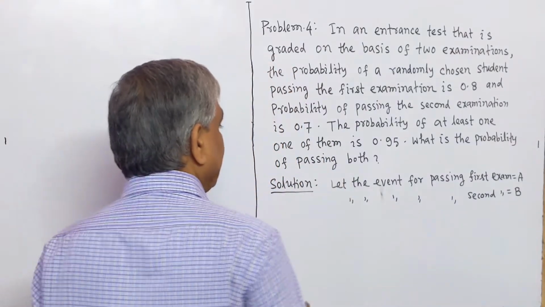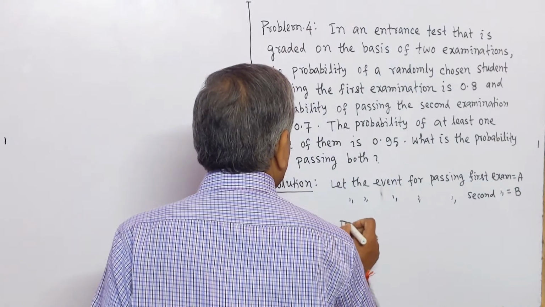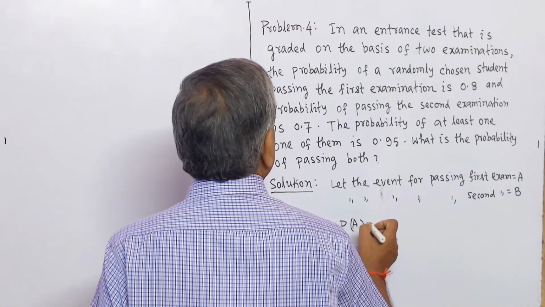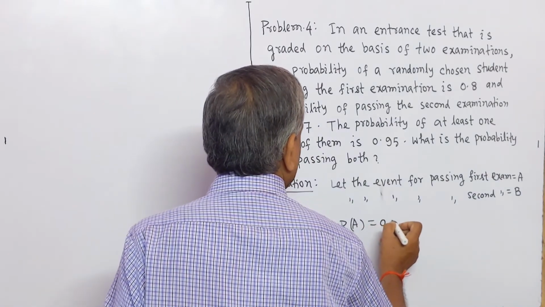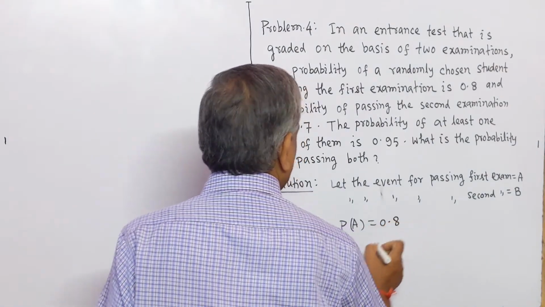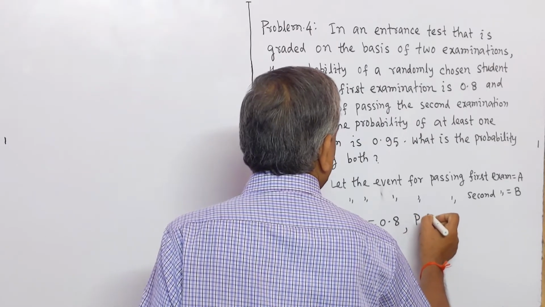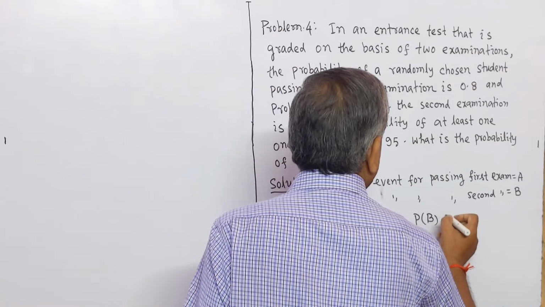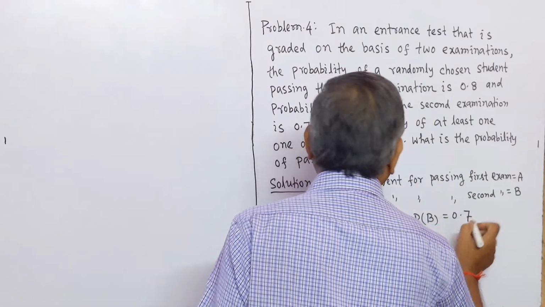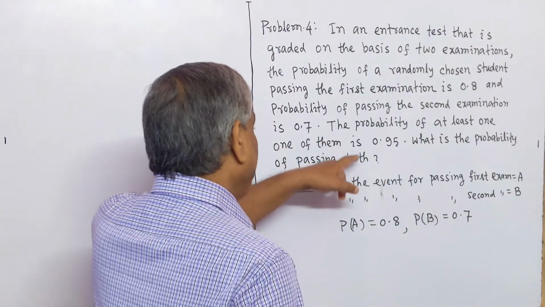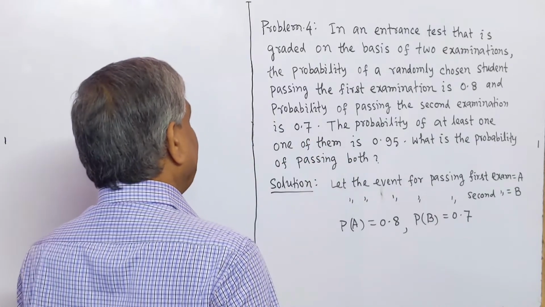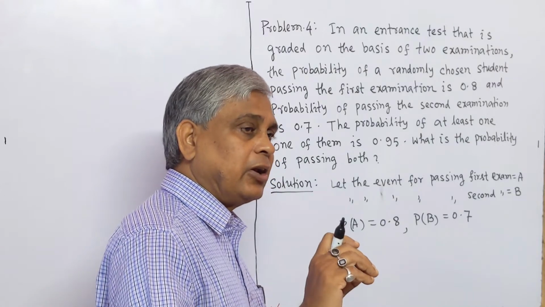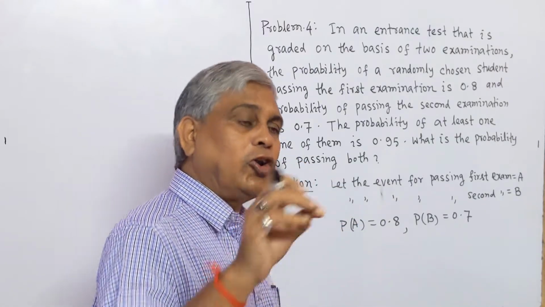Here given that probability of A equal to 0.8, probability of B means second examination 0.7, and the probability of at least one of them, at least one means it may be first or second or both.